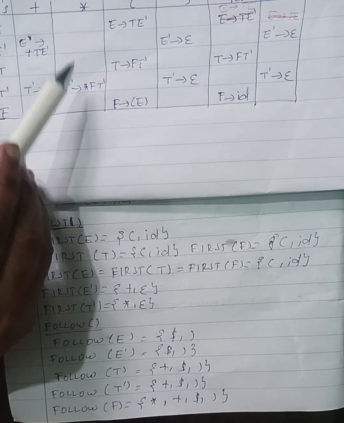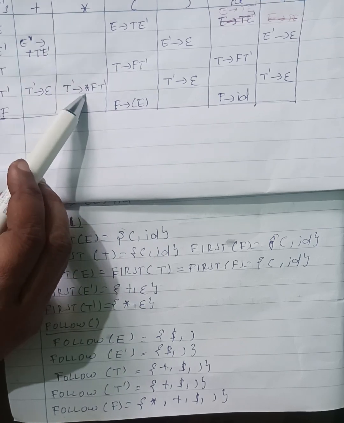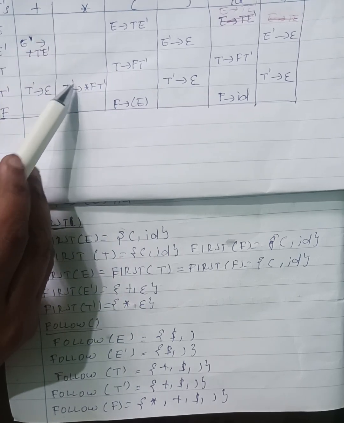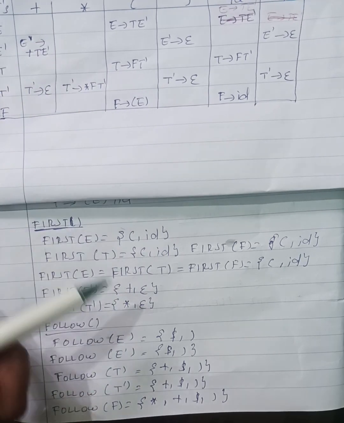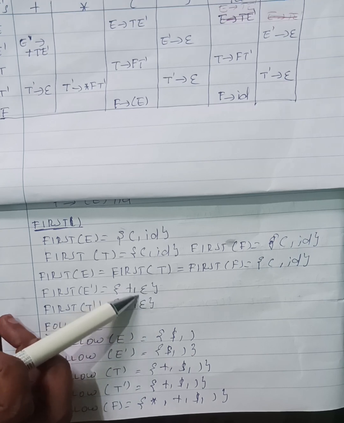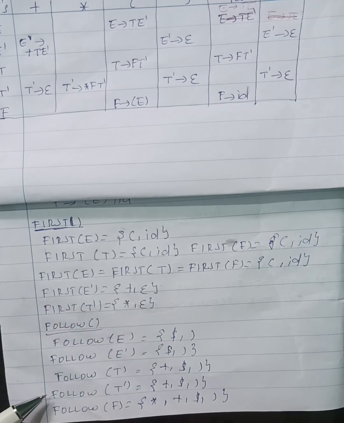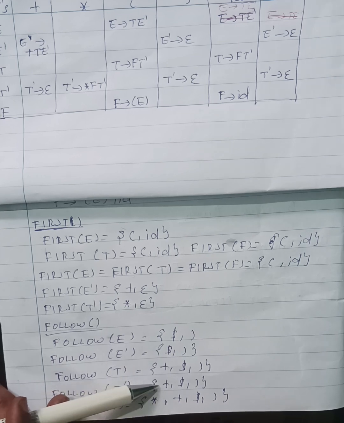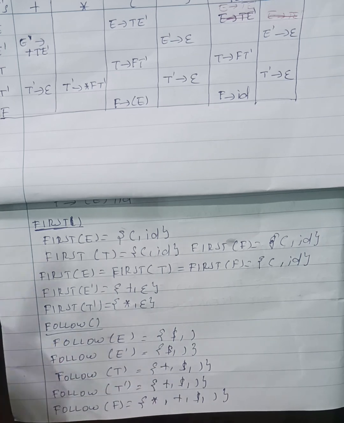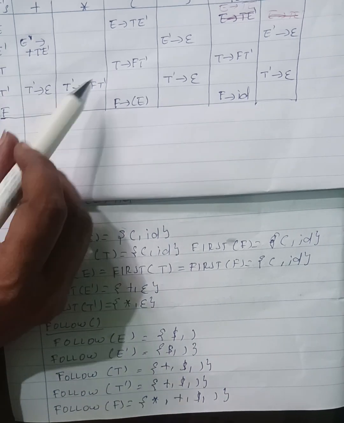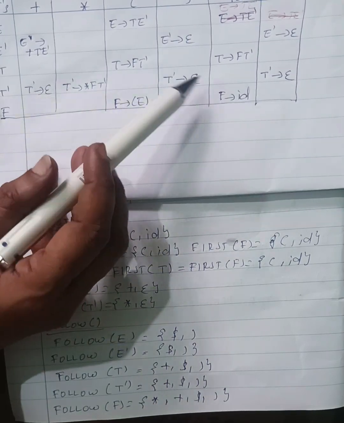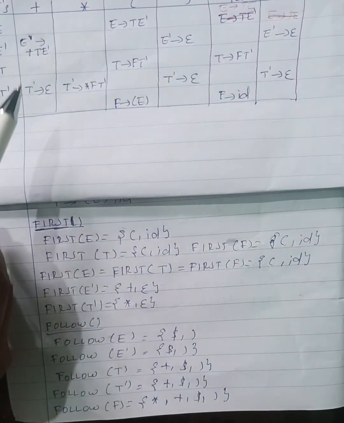So in T' and star, write the rule of T'. T' → *FT'. And here epsilon is available in first of T'. If epsilon is available in first of T', go for follow of T'. Follow of T' is plus, dollar and close parenthesis. There you have to write T' → epsilon.